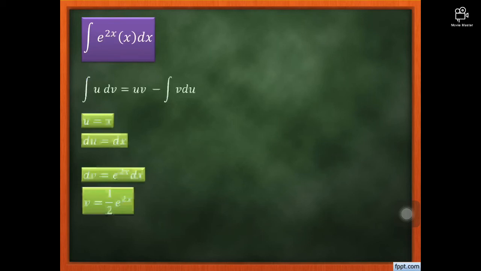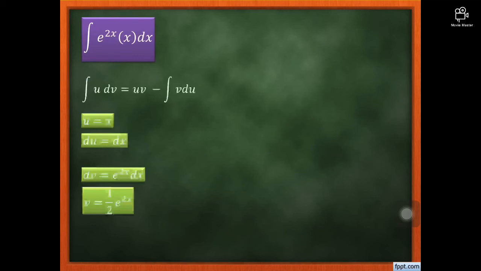I will not explain it again. So the exponential is your last priority in choosing your u. So you use x as your u and deriving your du, that is equal to dx, while your dv will be e raised to 2x dx, and integrating, you have your v as 1/2 e raised to 2x.